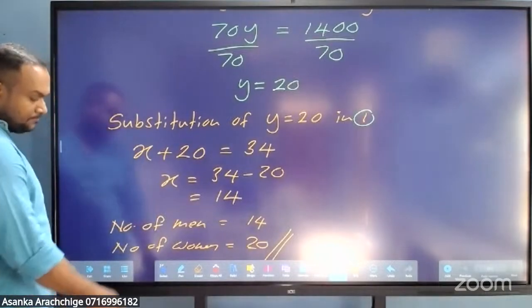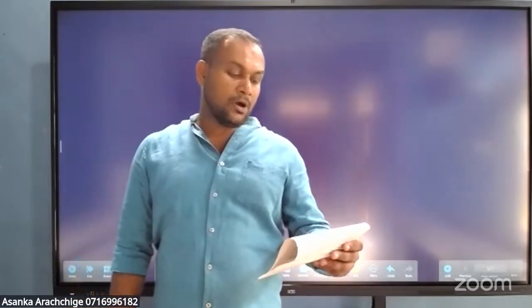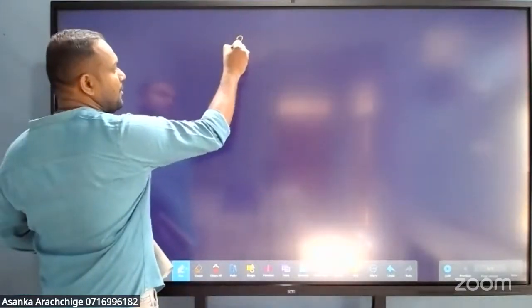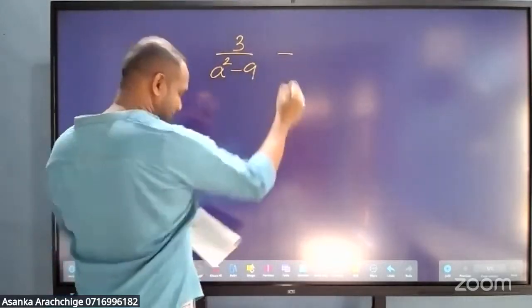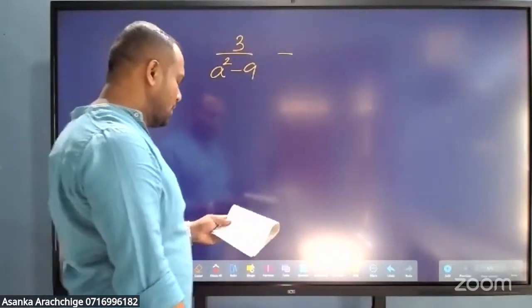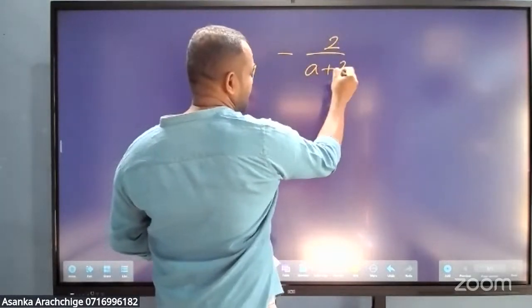Right. Part B, simplify. There are two algebraic fractions to be subtracted, one from the other. 3 upon a squared minus 9 subtraction 2 upon a plus 3.